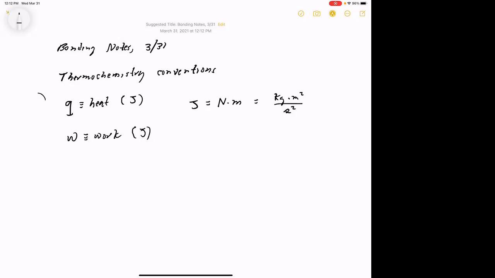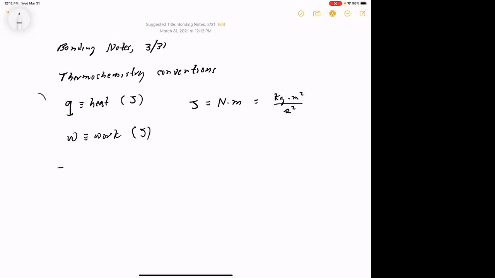Heat is a form of energy, work is a form of energy. So now when we think about heat and work in terms of a system, now remember, what is the system? From the video, we learned that the system is the point of focus. So in most cases, if we're talking about thermochemistry, that's the reaction itself.